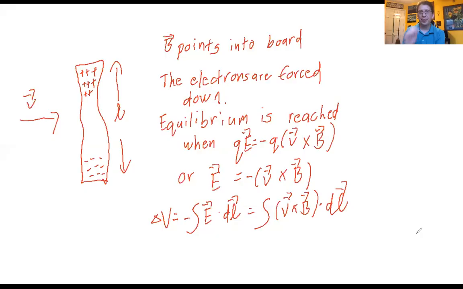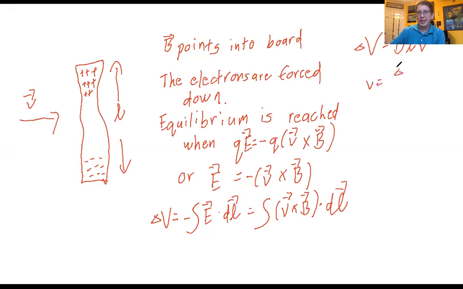So again, everything is perpendicular in this case. So it's the simplified version. So delta V is equal to B times L times small v, and we're asked to solve for the speed.